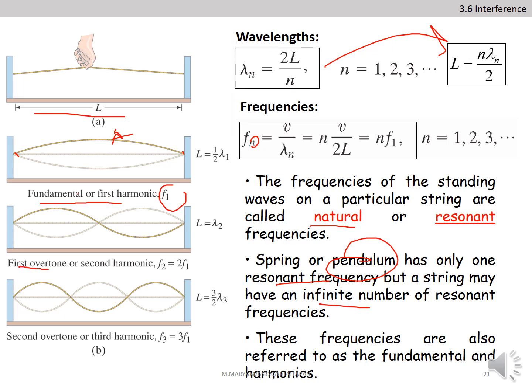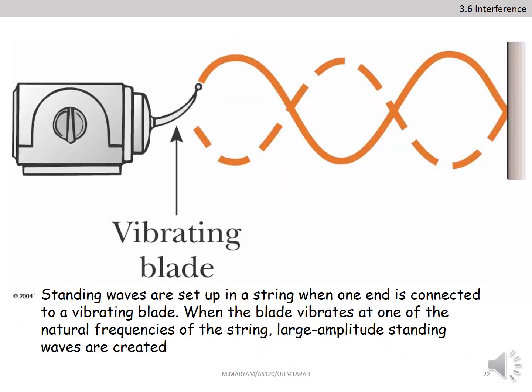We call it the first overtone or second harmonic, F2, which is equal to 2 times F1. And the second overtone or third harmonic, F3. So this is a vibrating mode. You can see here.